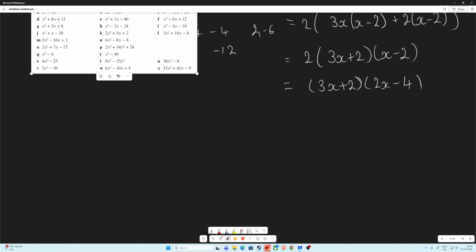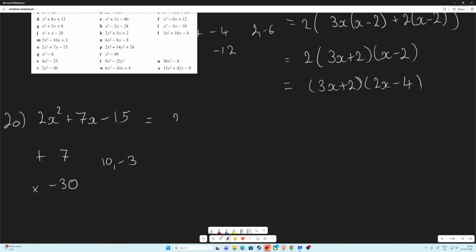Okay, part O. So exercise 2O: 2x squared plus 7x minus 15. Two numbers that add to 7 and multiply to minus 30 will be 10 and negative 3.